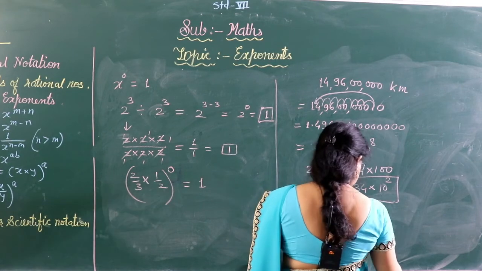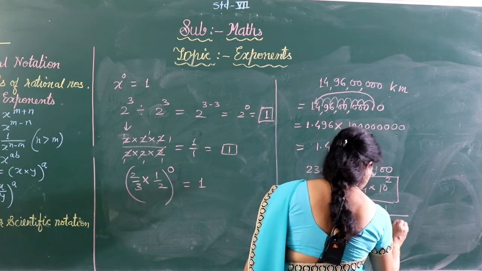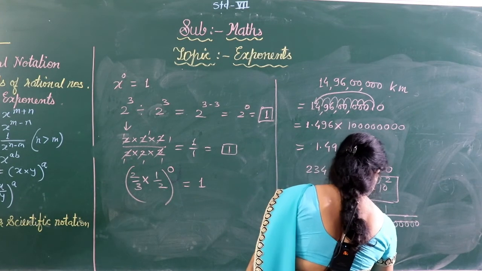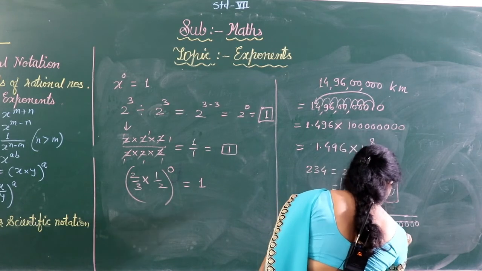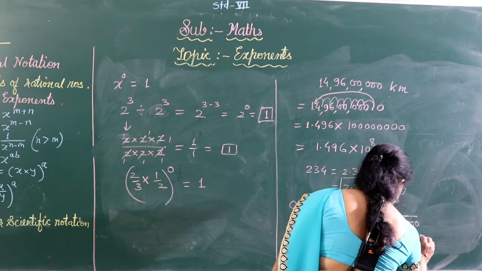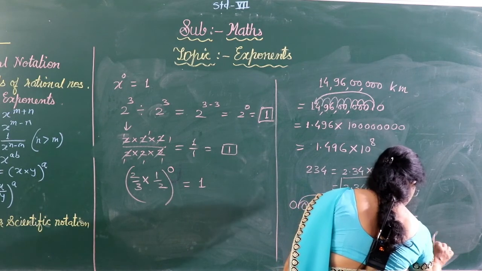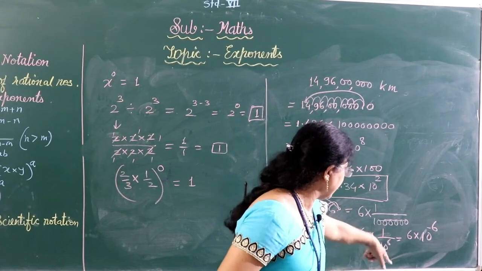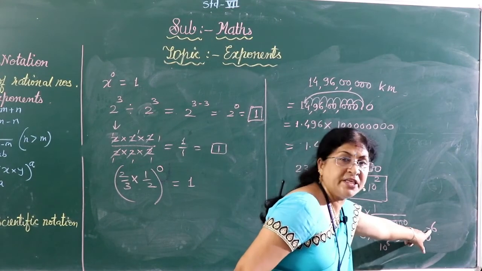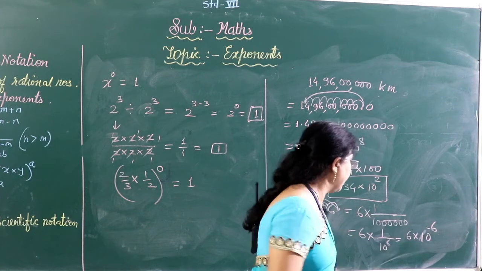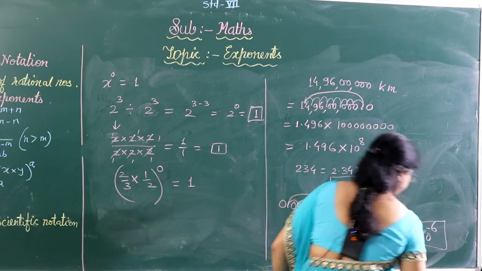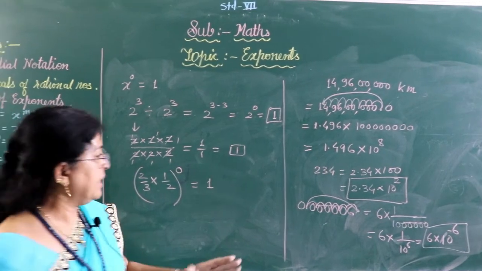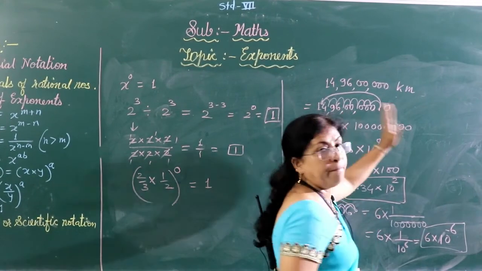So this will be 6 into 1 upon 10 raised to 6, which means 6 into 10 raised to minus 6, because when we shift the exponent from denominator to numerator, its sign changes to minus. So remember, negative power comes for smaller numbers and positive power for larger numbers.